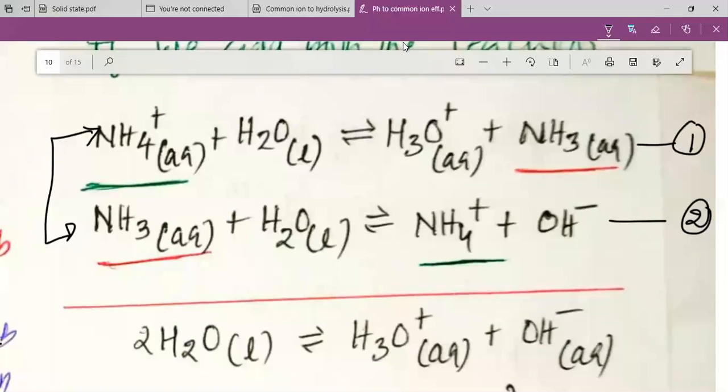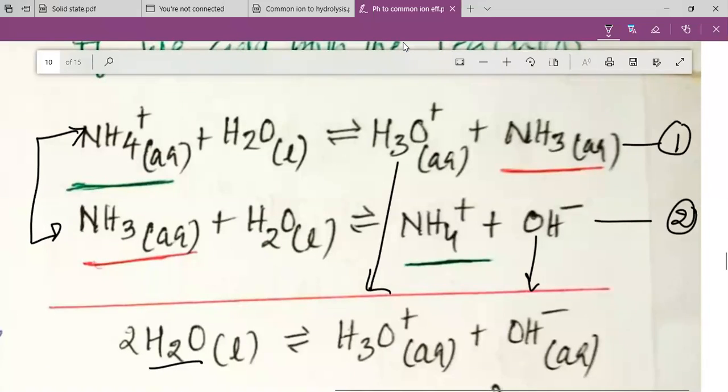You can see that this NH4+, underlined with the green color, appears on both sides, so we can remove both of them. The one underlined with the red color, that is ammonia, we can remove. One H2O plus one H2O gives us 2 H2O. We have this H3O+ and this OH- left with us.